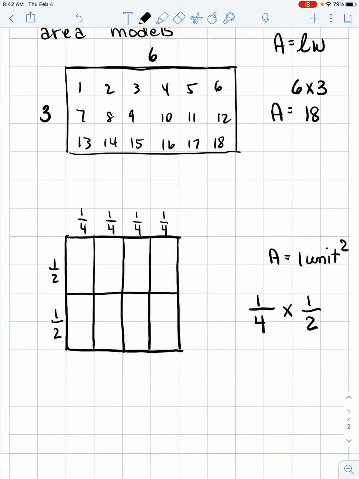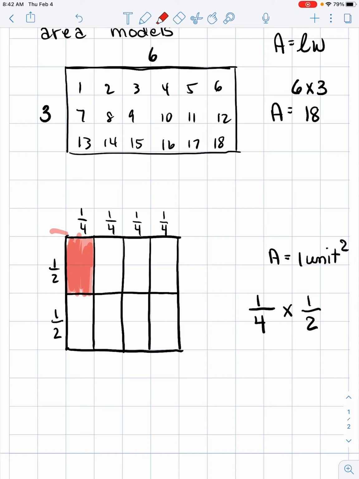So I want to shade in a rectangle that measures 1/4 of a unit across by 1/2 a unit down. What does that look like? It looks like this. 1/4 of a unit across, 1/2 a unit down.